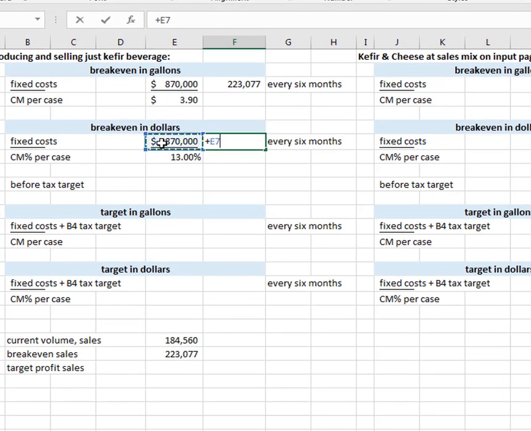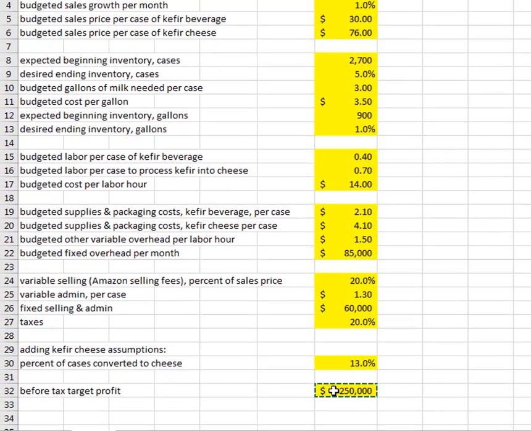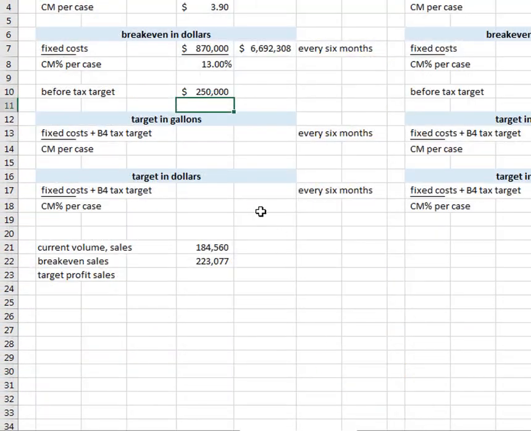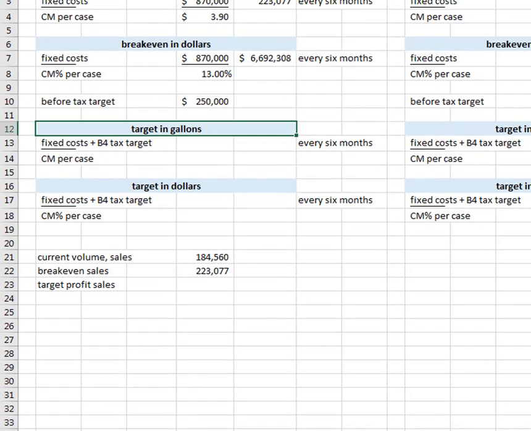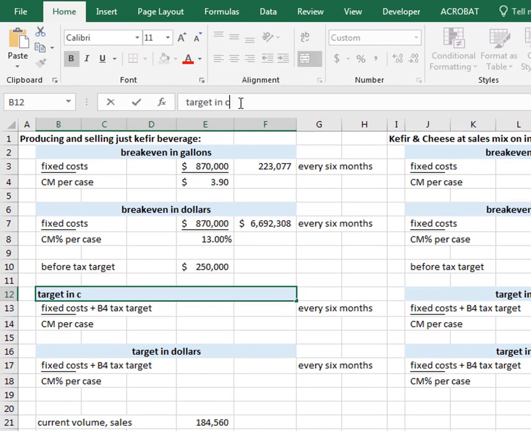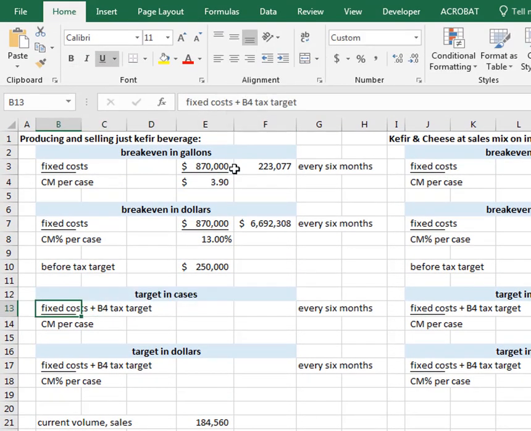Okay, divide that out. The before tax target is the sum of the salaries of the two individuals. So the 125,000 twice. So how many cases, that should be target in cases, so please fix that.